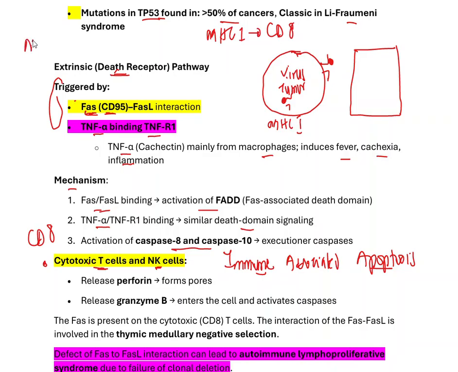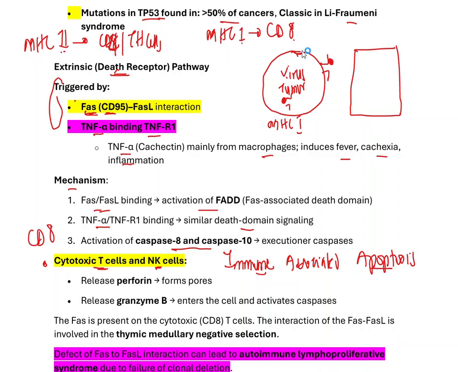Remember, as opposed to MHC class 2, MHC class 2 is going to present its antigen to what? CD4, which is our T helper cells. And the way you can remember is 2 times 4 would be 8, and then 1 times 8 would be 8.